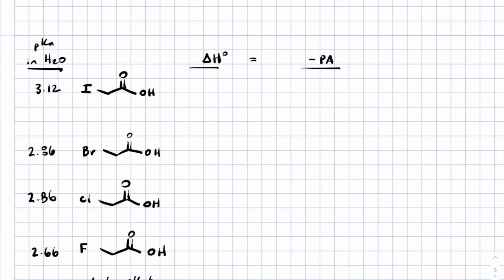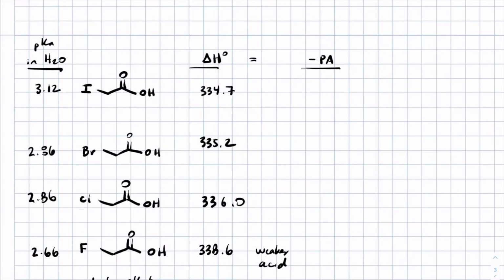Now, in the gas phase, the free energy for losing a proton, these are all positive numbers because it's unstabilizing to do this. It turns out then a higher number means weaker acid. The fluoro derivative is the weakest one, and the iodo derivative is by far the strongest acid.